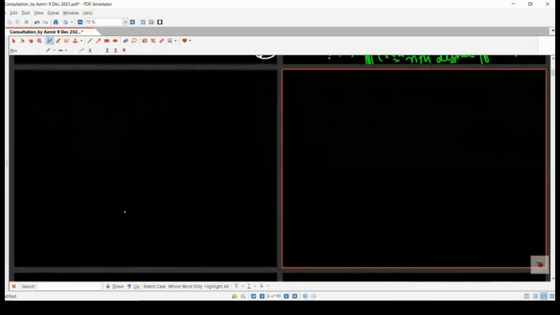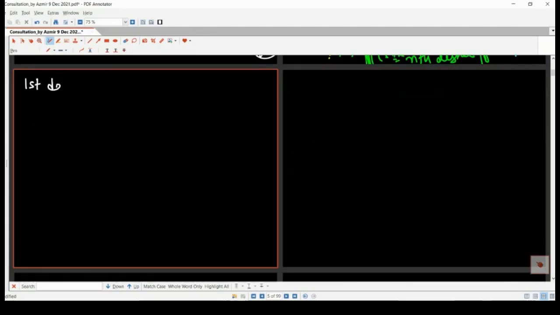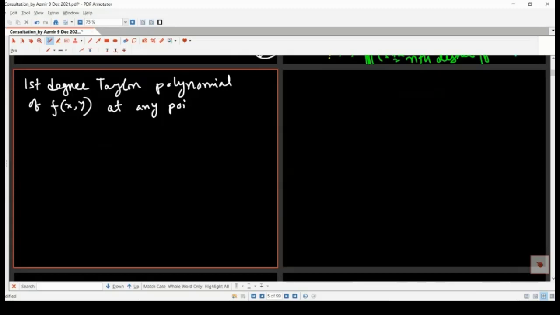Have a look here. So the formula or series for first degree Taylor polynomial of f of x comma y at any point a comma b.